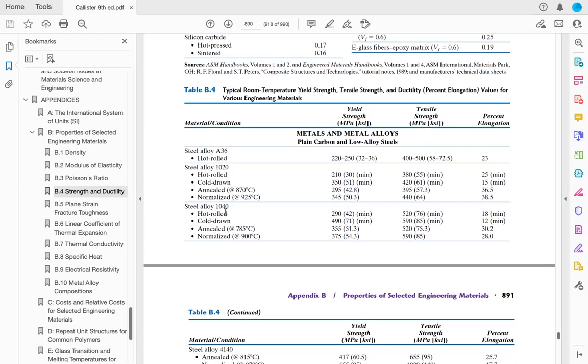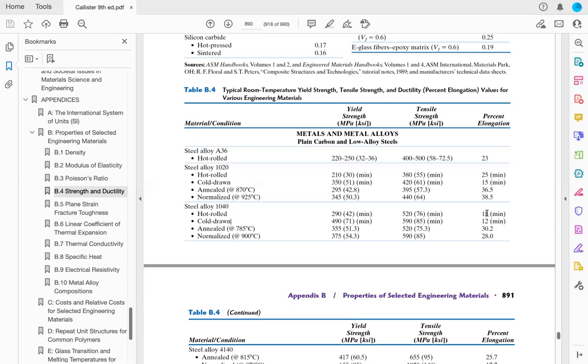The treatment of the metal will influence the properties of that metal. For example, if it is hot rolled, which means it is worked, rolled, but at a high temperature, we have a yield strength of around 290 minimum, and then tensile strength of 520, and the percent elongation is around 18.